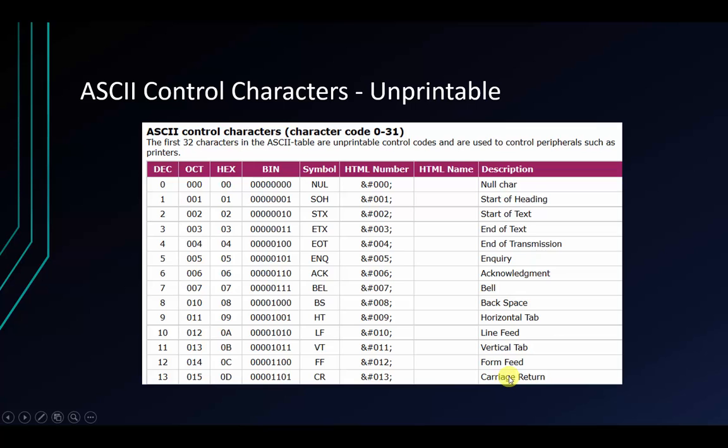The carriage return takes your cursor from the end of the line back to the beginning. If you couple that with a line feed, you get the effect of moving to the next line, like an old typewriter. You pull the lever, it does a line feed, and you drag it all the way back to the beginning. Form feeds, where you eject a new form out of a printer, and so on. So those are non-printable character codes.